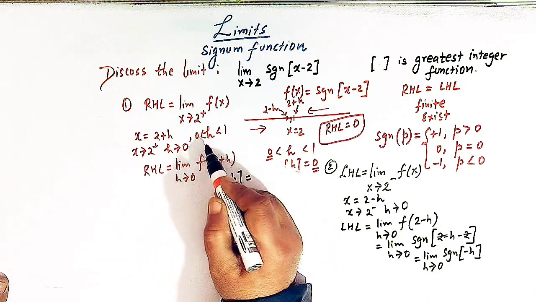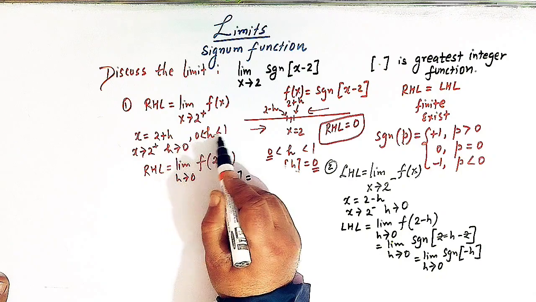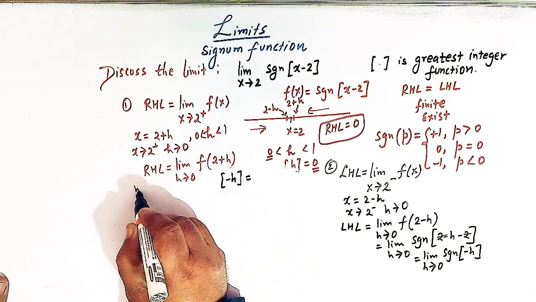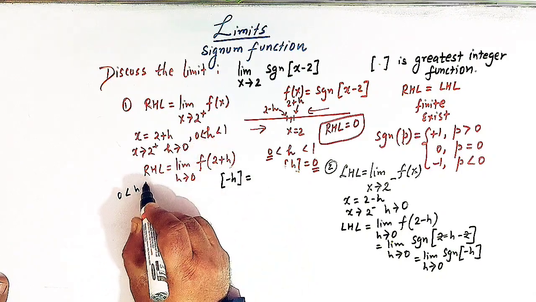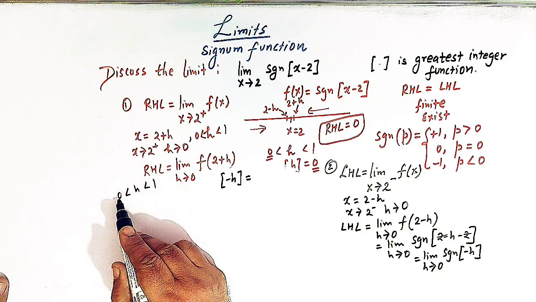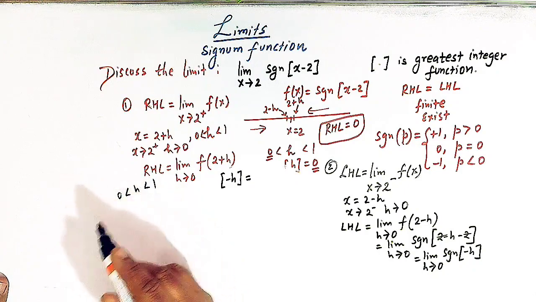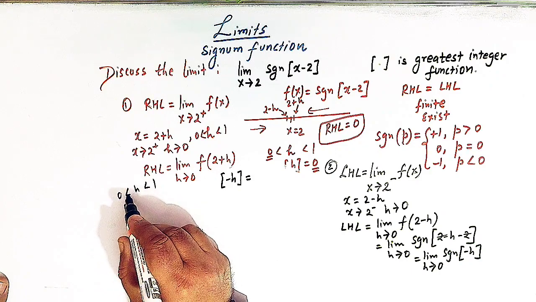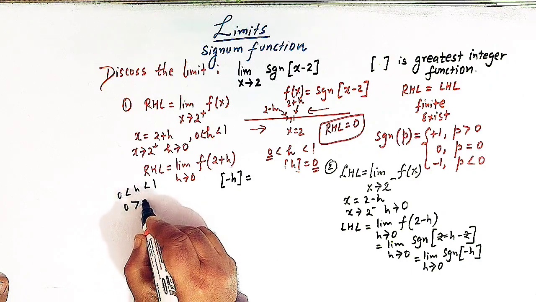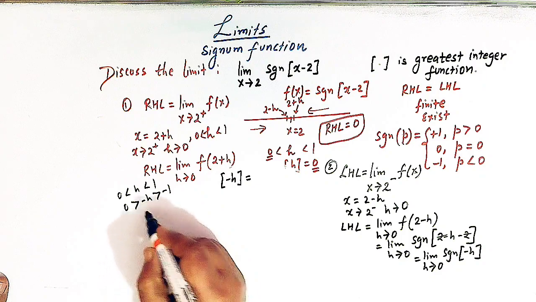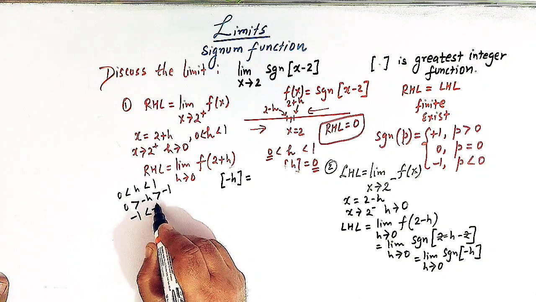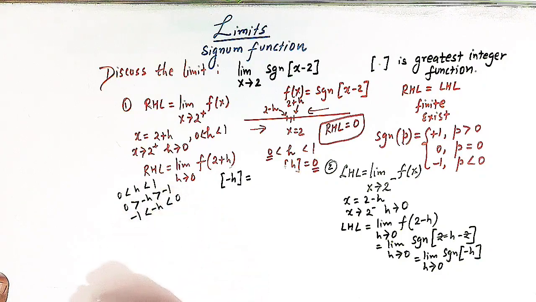So what we will do, we will make use of this inequality, that h lies between 0 and 1. So multiplying this inequality throughout by minus 1, the direction of the inequality gets reversed, so we can now write minus 1, then minus h, and then 0, right?